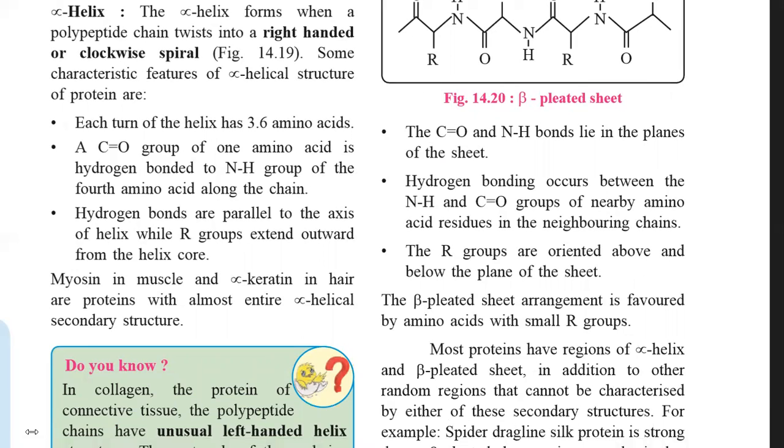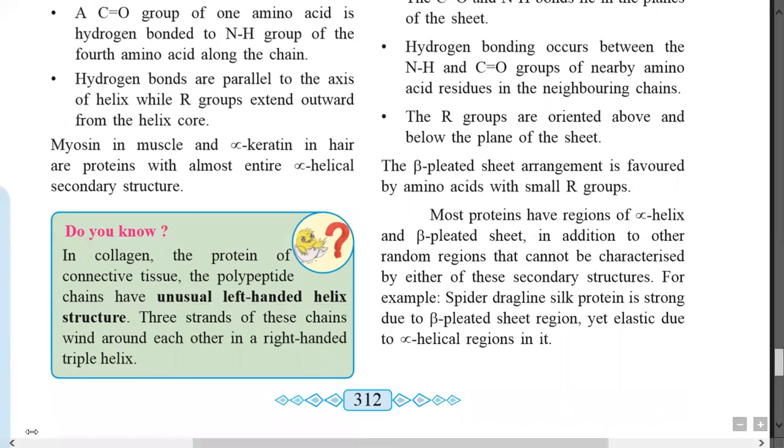Then this beta pleated sheet arrangement is favored by amino acids with small R groups. Remember this well. If the R group in the alpha amino acid is small, then it prefers the beta pleated structure. Most proteins have regions of alpha helical and beta pleated sheet in addition to other random regions that cannot be characterized by either of these secondary structures.